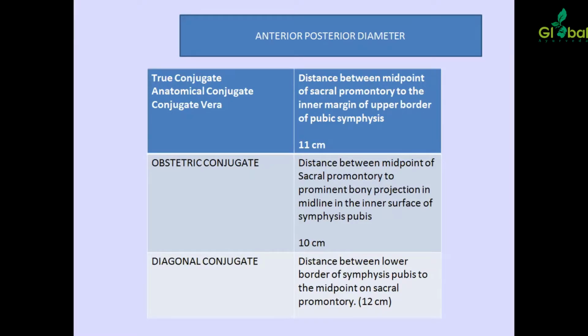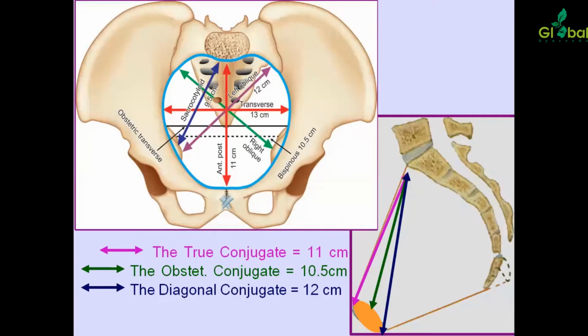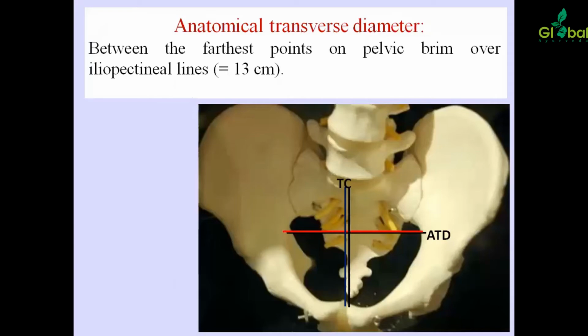Obstetric conjugate is the distance between the midpoint of the sacral promontory to the most prominent bony projection in the midline of the inner surface of the pubic symphysis, and this measures about 10 centimeter. Diagonal conjugate is the distance between the lower part of the symphysis pubis to the midpoint of the sacral promontory, and this measures 12 centimeter. In the figure, we can see the true conjugate, obstetric conjugate, and diagonal conjugate.